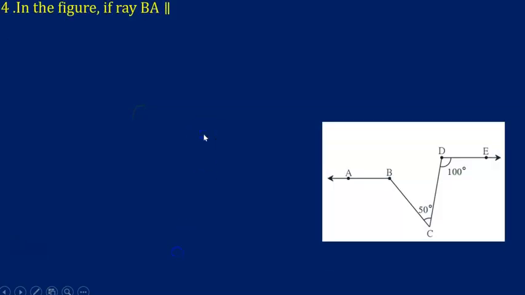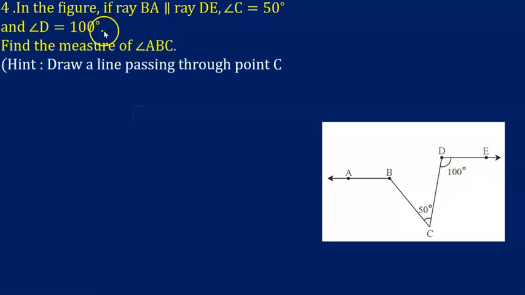Now next, in the figure, if ray BA is parallel to ray DE, the measure of angle BCD is 50 degrees, and the measure of angle D is equal to 100.